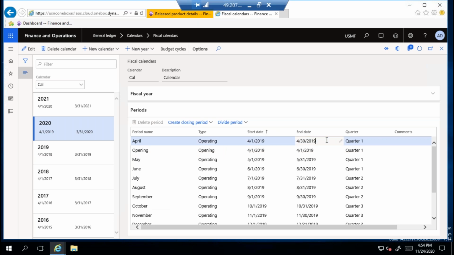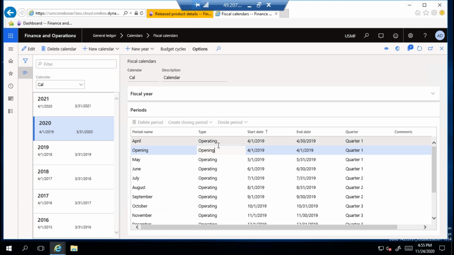Suppose you post any journal, vendor invoice, or vendor payment on April 1st, it will be stored here. And the purpose of the other one is that the last year closing balances, March 31st, 2019, will be transferred to the opening balance.